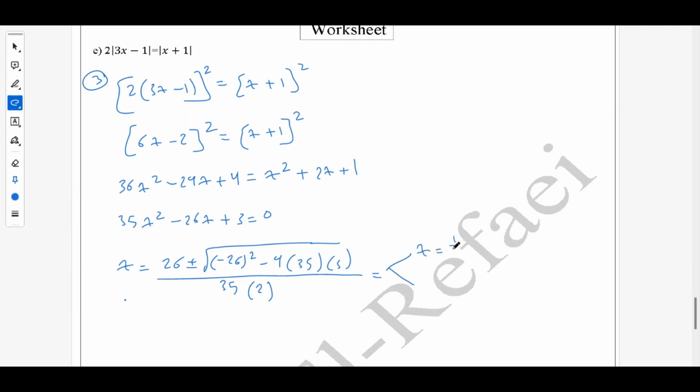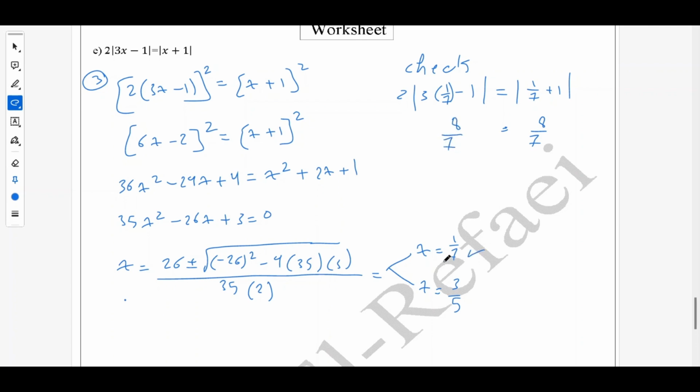I'm going to get two answers. x equals 1 over 7, x equals 3 over 5. Then I have to check. 2 modulus of 3 by 1 over 7 minus 1 equals 1 over 7 plus 1. This will be 8 over 7. Check the left side, and this is 8 over 7.